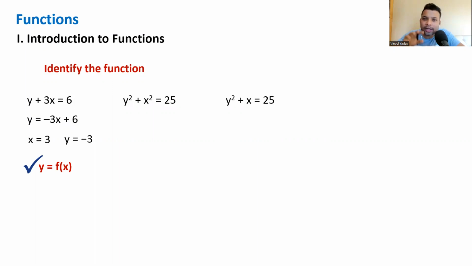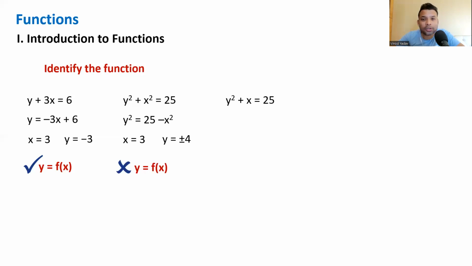The second case, first write y in terms of x. Yeah, so y square is 25 minus x square. If you choose x as 3, 25 minus 9, y square is 16, so y is plus or minus 4. Oh, two values of y for one value of x. The basic condition only got violated.